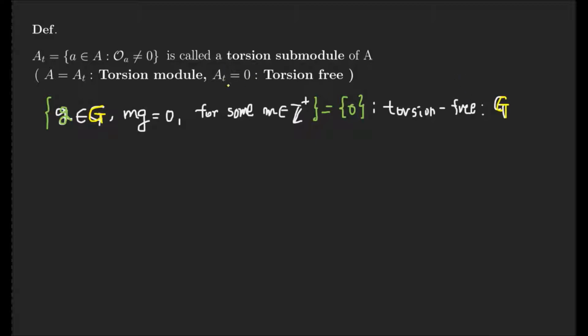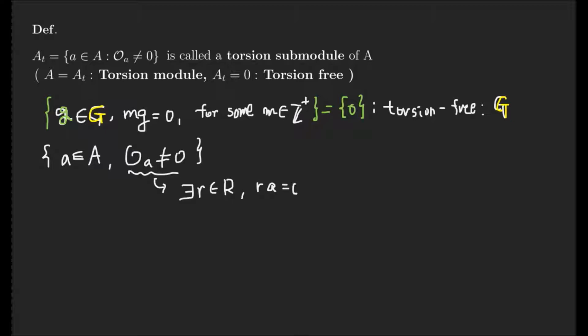In this case, A_T means the collection of a in A whose order O_a is non-zero, that is, for some nonzero element r in R, ra is equal to 0.